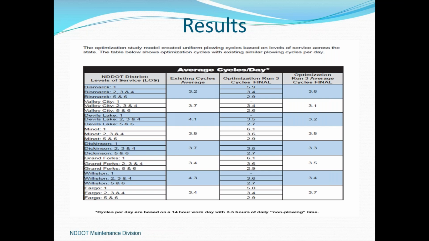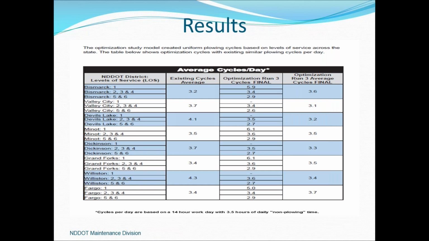So you can see, based on the results, some districts were very similar. We had Grand Forks, interstate routes were very close to what we had existing today. Like Grand Forks, 3.4 cycles per day average versus 3.5.